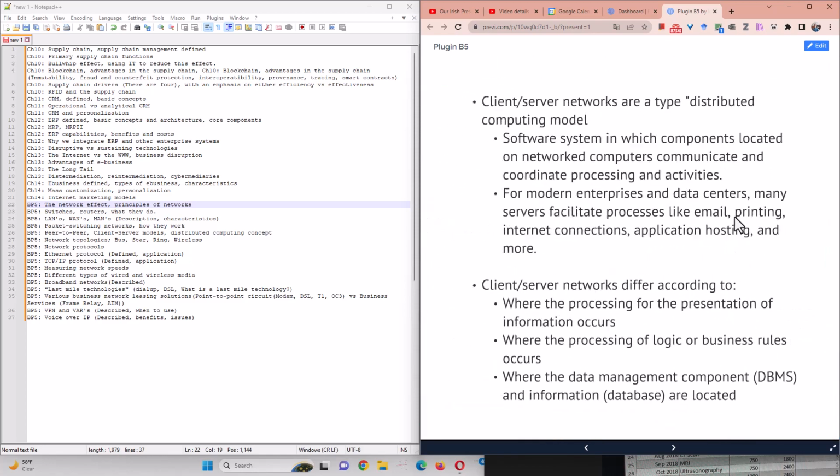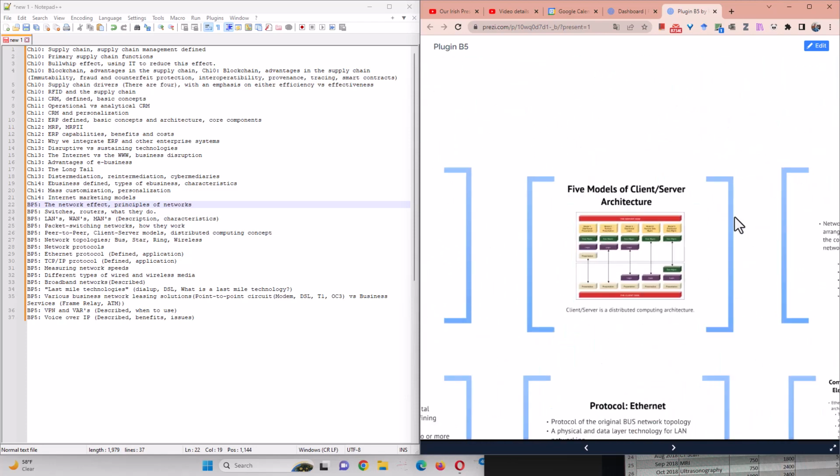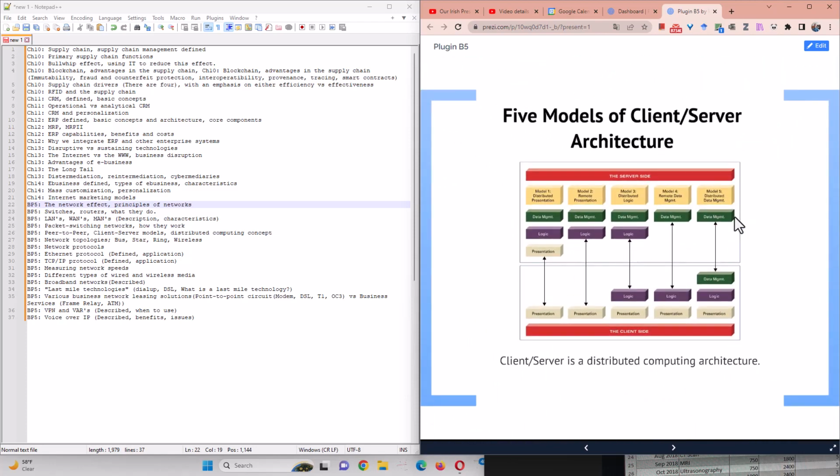Do they reside on the server side? Do they reside on the client side? And you have different flavors of client server. As a matter of fact, it's not exclusive to these five types of models, but these are a good visual of what we're talking about.